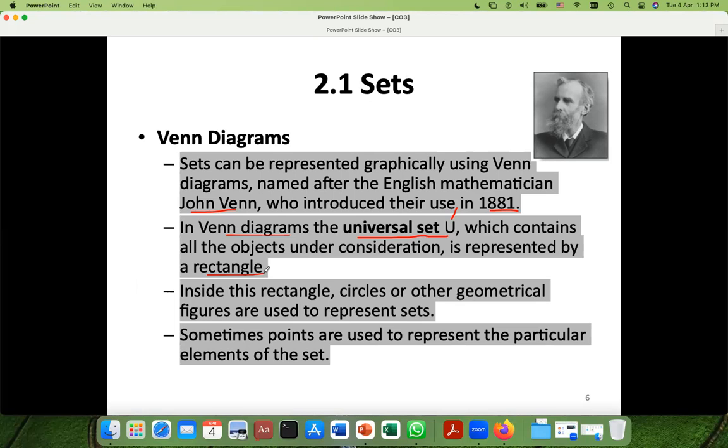The rectangle is fixed for the universal set. And the other sets, the natural, the real, the Z, the Q, the C, you can represent with other geometrical figures according to your choice, or with circles. And if you want to represent the elements of some set, you can use points.